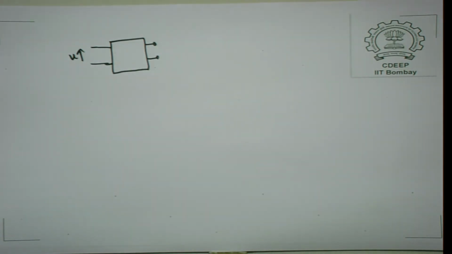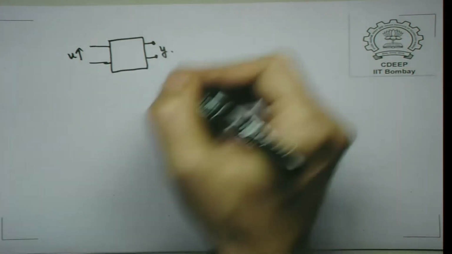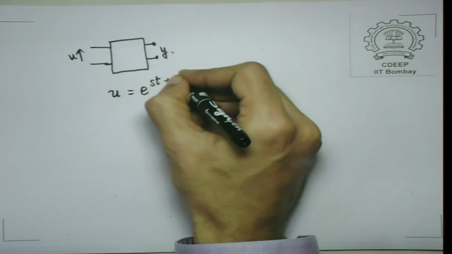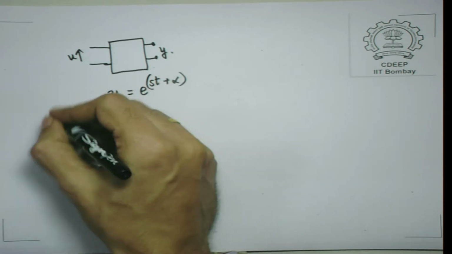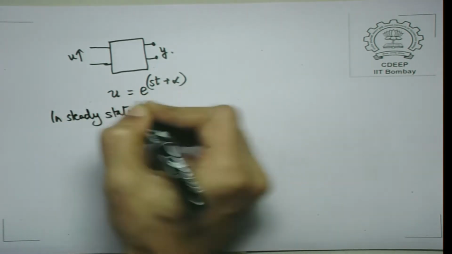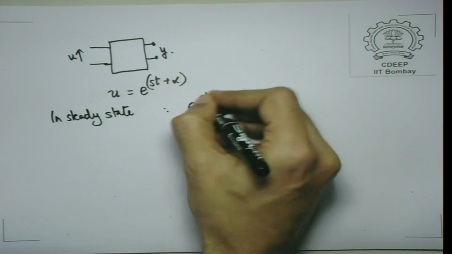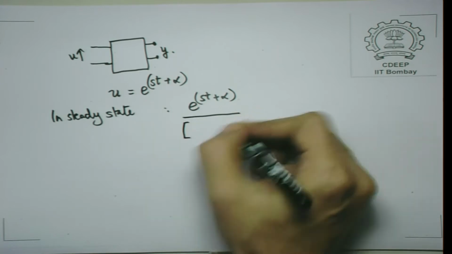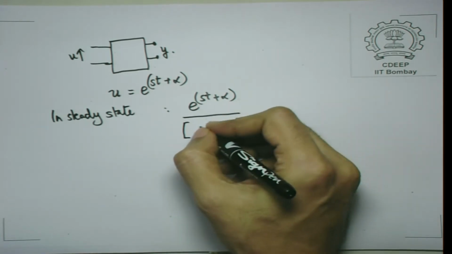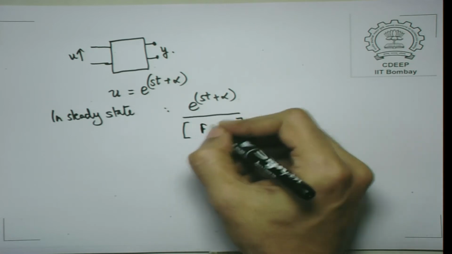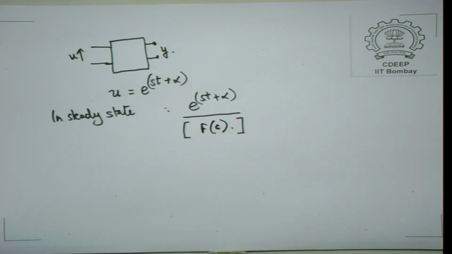In that case you will have in case u is equal to e raised to st plus alpha, your output in steady state is also e raised to st plus alpha divided by a scaling factor, which is essentially a function of S. So, this is what we saw.